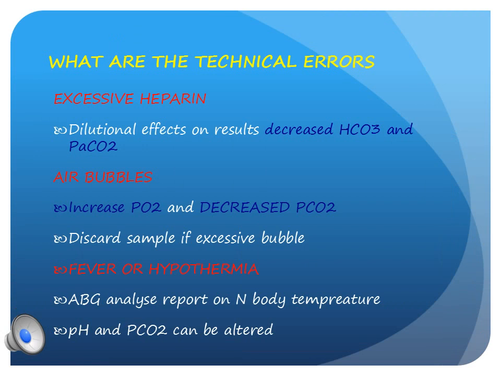So what are the technical errors that occur when an ABG is taken? The first thing, which is not mentioned in the slide but mentioned previously, is the aseptic technique. Second, if you flush the syringe with excess heparin, it can cause decreased bicarbonate and PaCO2.